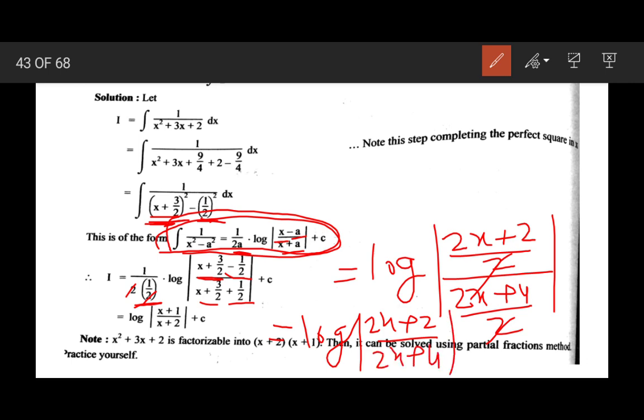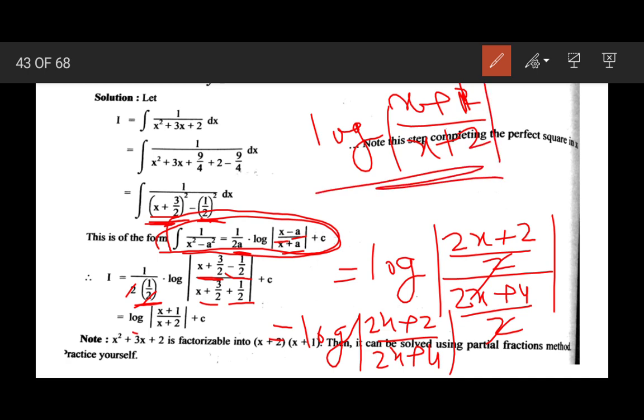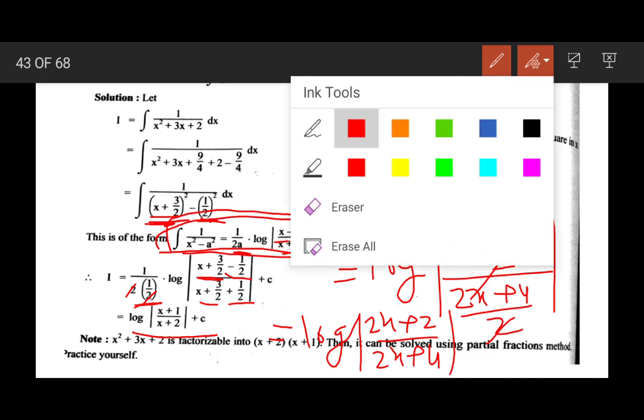Now by dividing numerator and denominator by 2, I will get log of x plus 1 upon x plus 2, plus c.